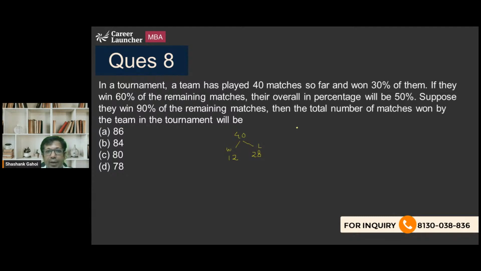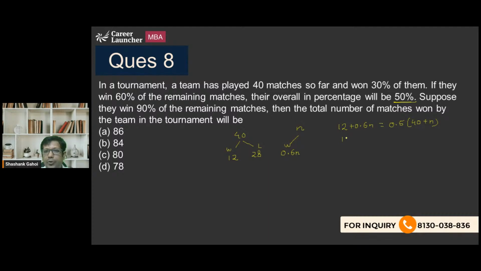Okay. Say it is still going to play n matches, and out of n, it wins 60%, which means 0.6n matches, then its win percent becomes 50%. So the total number of matches won is 12 plus 0.6n. The accuracy is 50%, so that is going to be 50% of the total number of matches, that is 40 plus n, which gives 20 plus 0.5n.